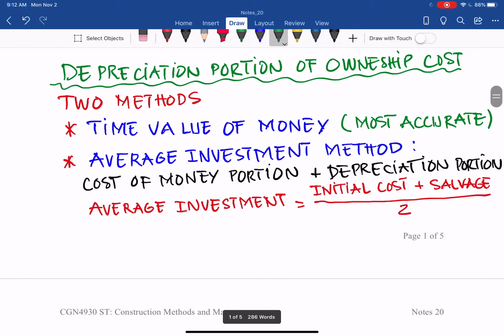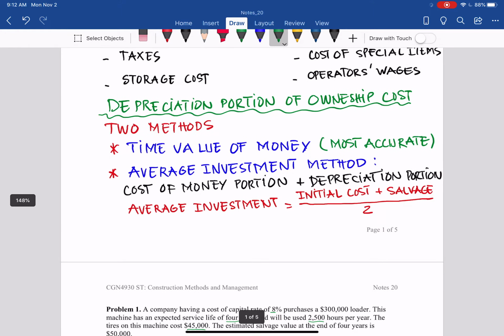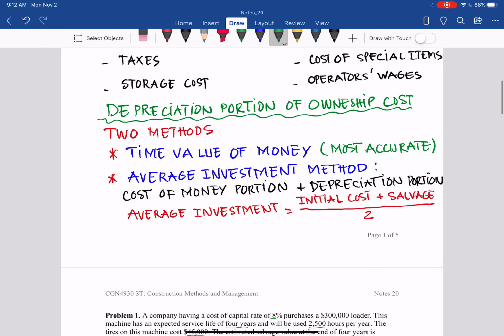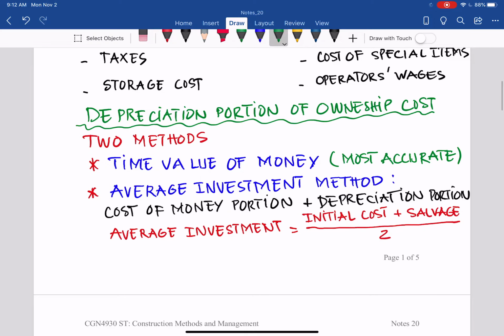So for the depreciation portions, part A and part B of this problem ask for two methods: the time value of money, something we learned in project planning, and the average investment method, where you don't need knowledge of the time value of money. For the average investment method, we determine the cost of the money portion itself and the depreciation portion. So add them, and we will have the depreciation of the ownership cost for this method.